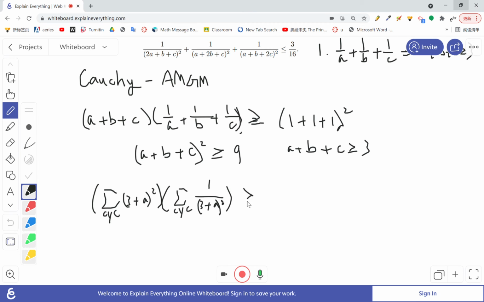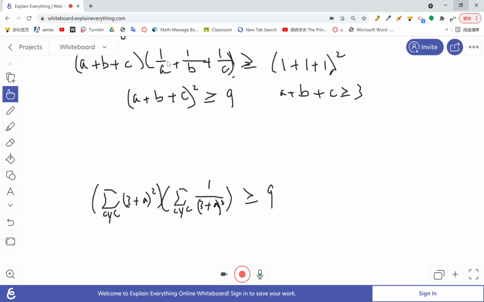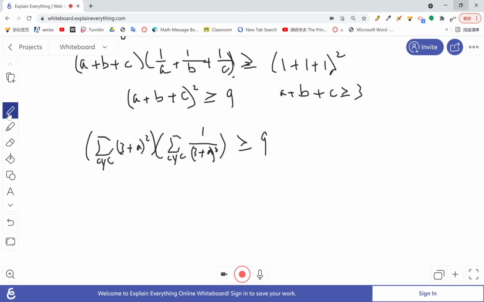This must be larger than 9, because we have (1 plus 1 plus 1) squared. Now we want to say that this is smaller than or equal to 3 over 16. So the maximum value is 3 over 16, which means the minimum value of this quantity is 48.